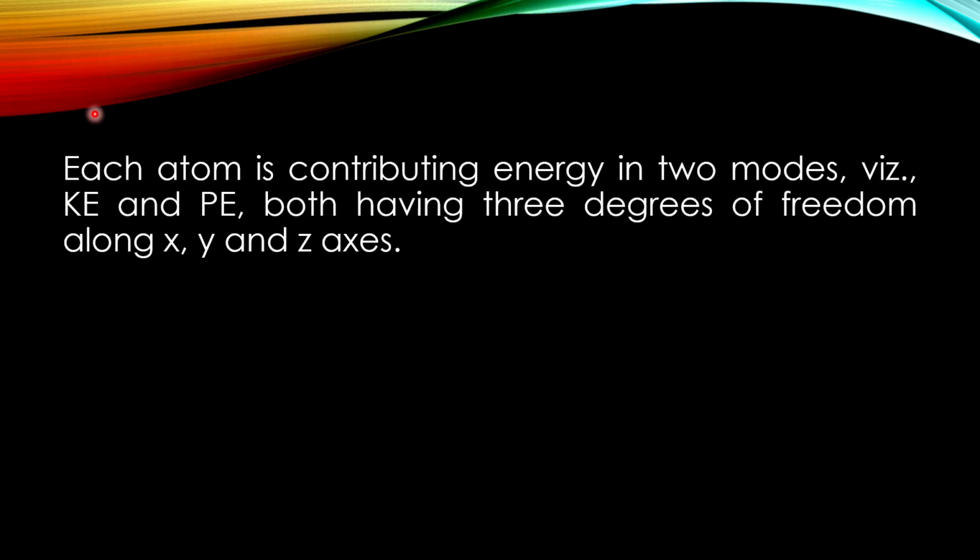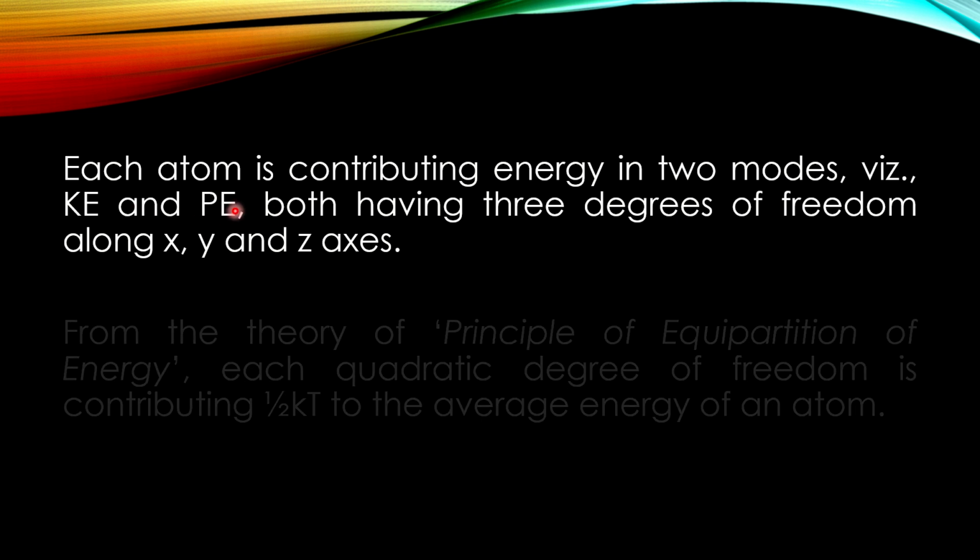So each atom contributes energy in two modes, kinetic energy and potential energy. And each mode has three axes, that is 3 degrees of freedom: kinetic energy along the x-axis, y-axis and z-axis, and similarly potential energy along x, y and z. That is, there are 2 into 3 degrees of freedom.